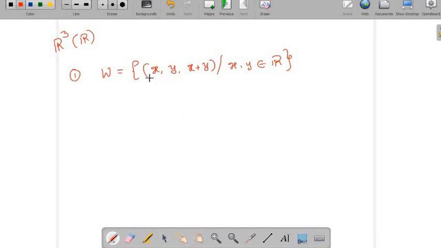Try to understand, this is a triple. When it is a triple, it means it is an element of R3. So it is very clear that this is a subset of R3. Now the question is, is W over R a subspace of R3 over R?